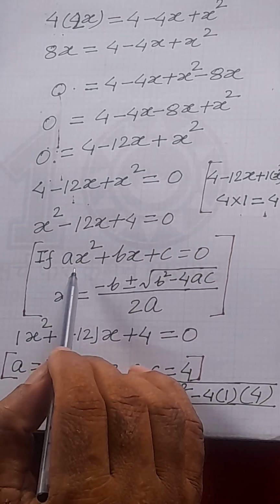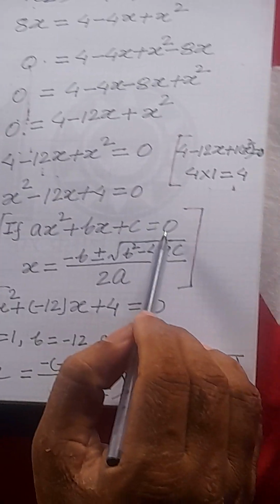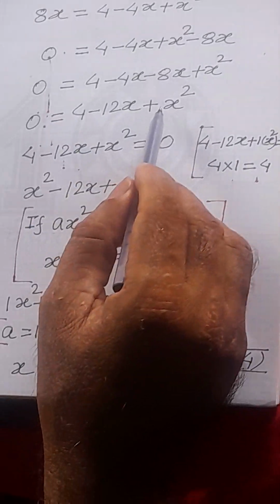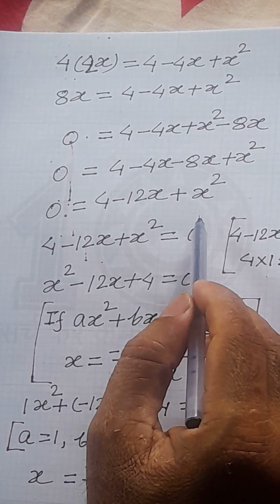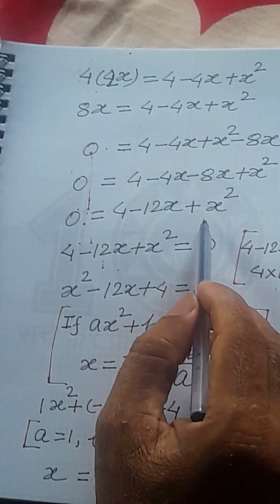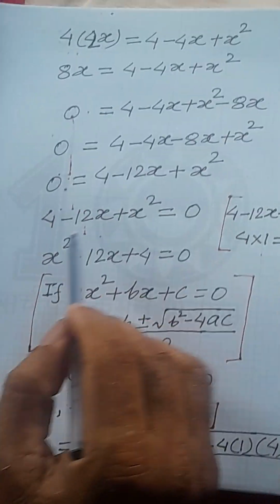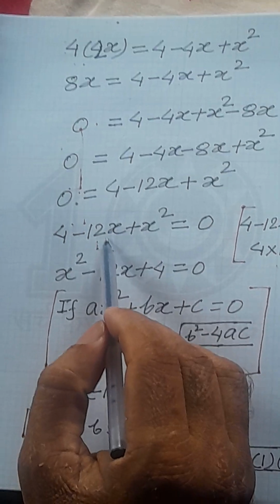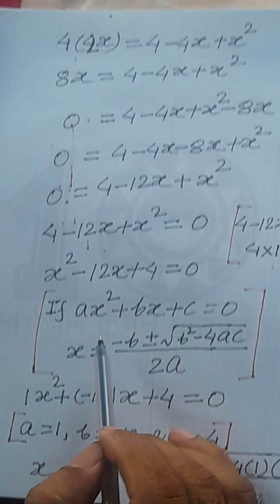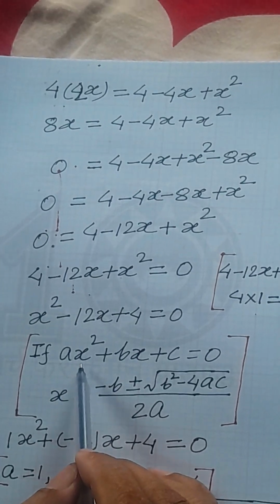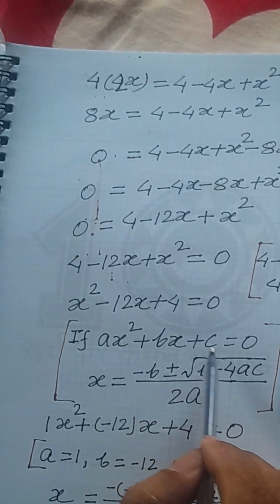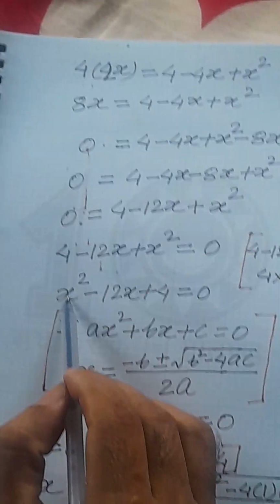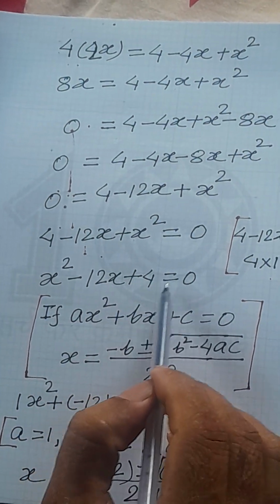So to get the ax square plus bx plus c equal to 0 form, the right hand side comes to the left hand side and the left hand side goes to the right hand side, to make it easier to understand. So 4 minus 12x plus x square equal to 0. Now to get the exact form, x square minus 12x plus 4 equal to 0.